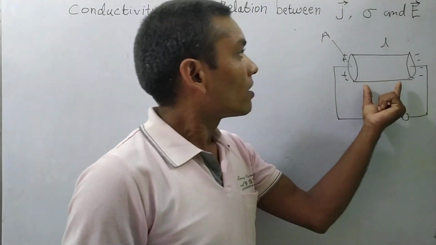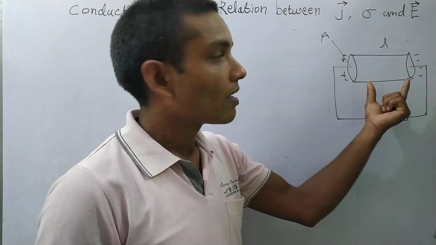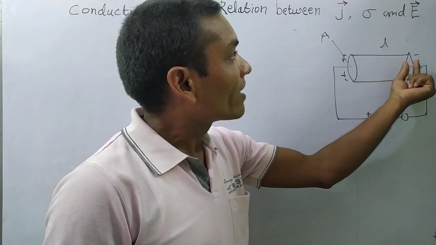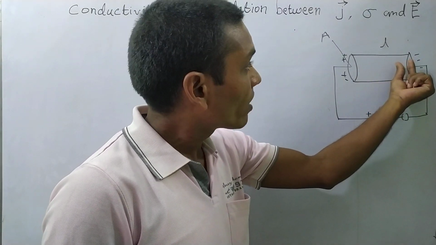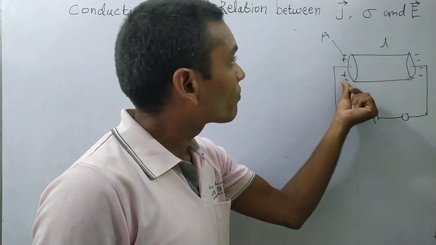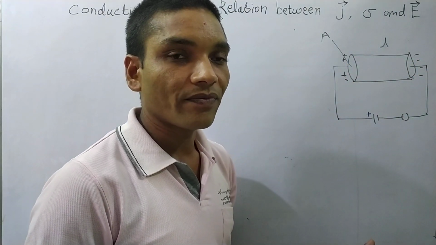Due to the potential difference, free electrons will drift towards the positive face of the conductor.